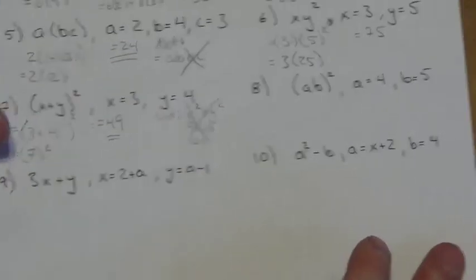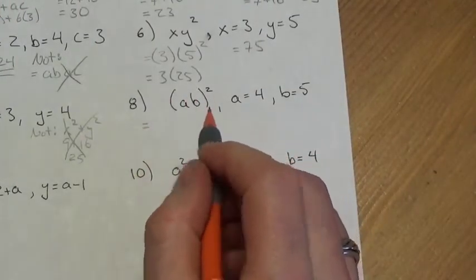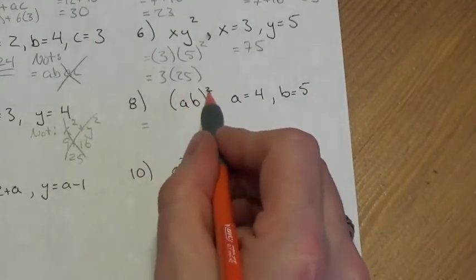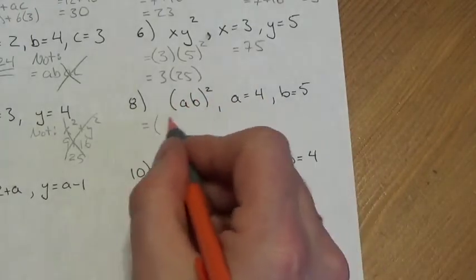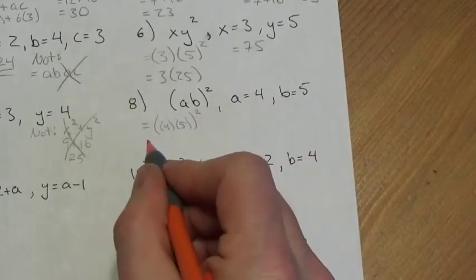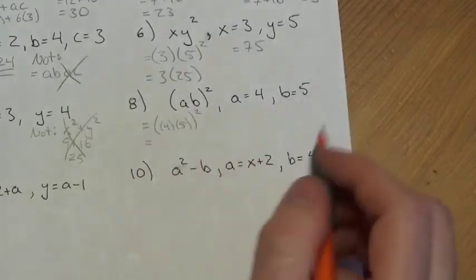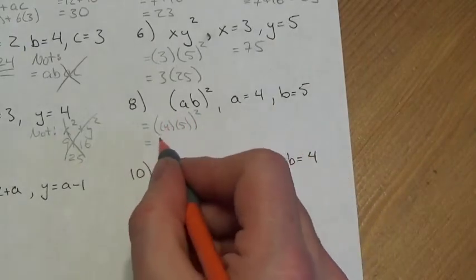So here's an example of what I was talking about a few minutes ago. This is squaring over multiplication. I'm going to substitute the values in: 4 multiplied by 5, and that's going to be squared. A and B get replaced with 4 and 5. Now I do what's inside the parentheses first. 4 times 5 is 20.